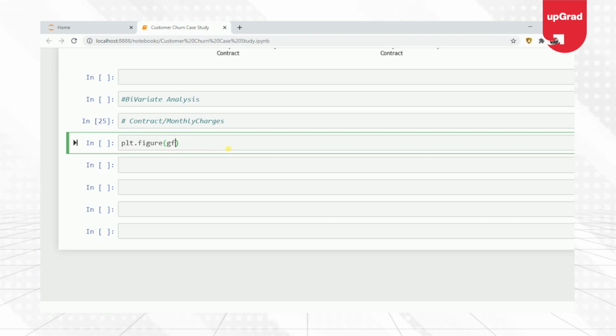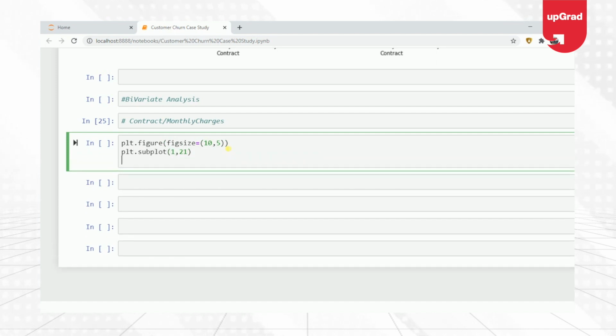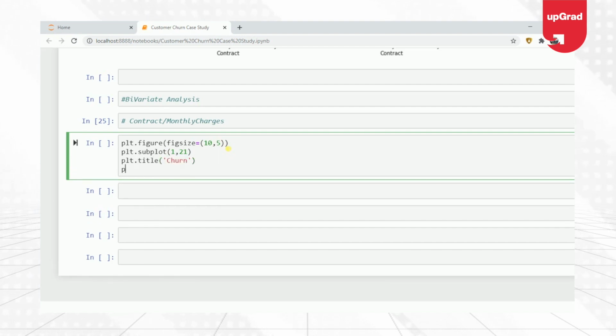Fig size, comma, 5. So I'm just using the subplot here. This is going to be churn. Here we are using a box plot, where in the x-axis we'll have the contract, and in the y-axis we'll have the monthly charges, and the data is coming from df underscore 1.